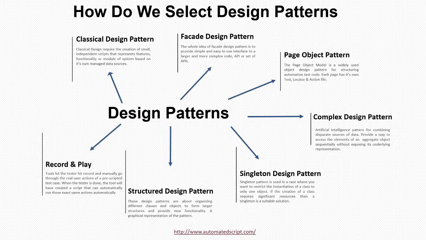Okay. Now, important, and which we are going to see in our walkthrough, is the page object model design pattern. The page object model pattern is a widely used object design pattern for structuring automation test code. With this pattern, you need to design a page object class according to the particular screen you wish to automate.